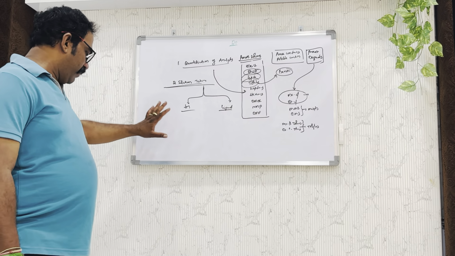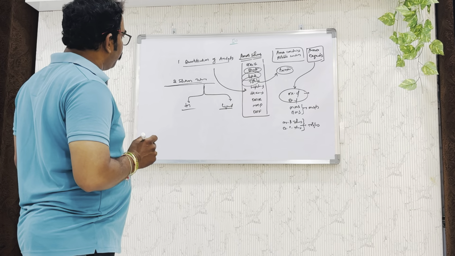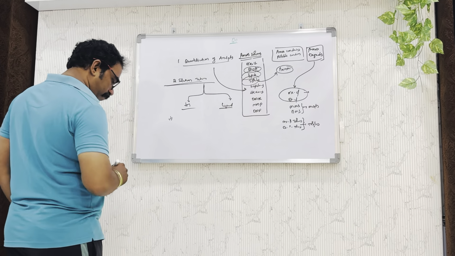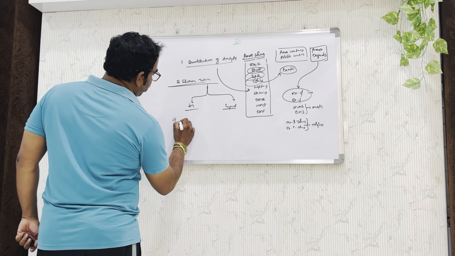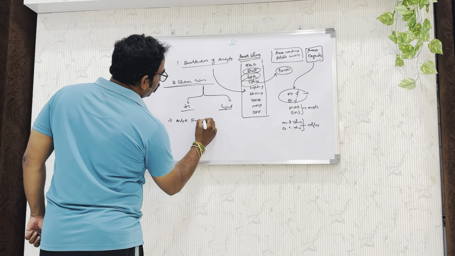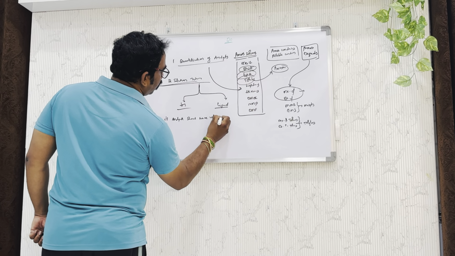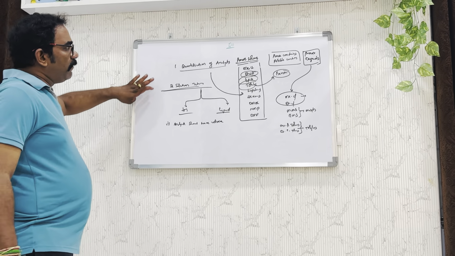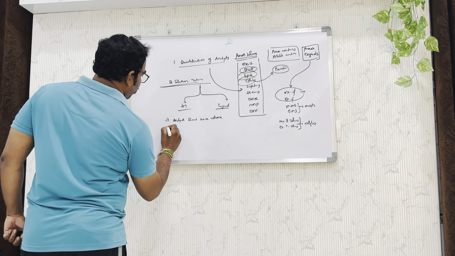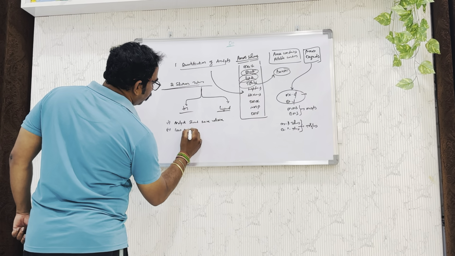Whenever we perform the headspace technique, we need to consider 3 points. One is the analyte should have volatile nature, because without volatile nature we cannot analyze on GC. The next is low boiling point.